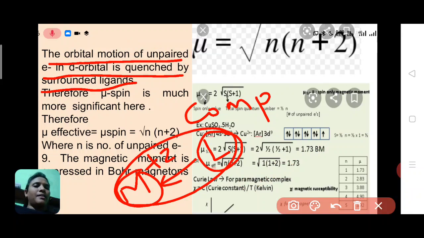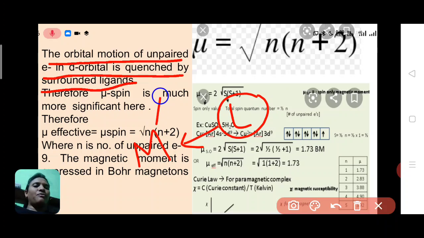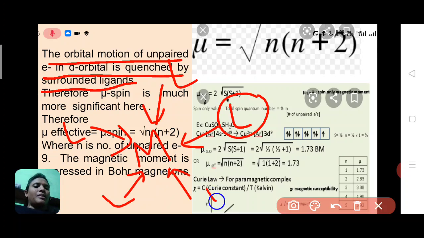So see here, when the metal forms a bond with the ligand, the metal is surrounded from all sides. In this way there is a formation of complex. The ligand may be 4 times or 6 times around this metal. So due to these surrounding ligands, the orbital motion of unpaired electron gets quenched.